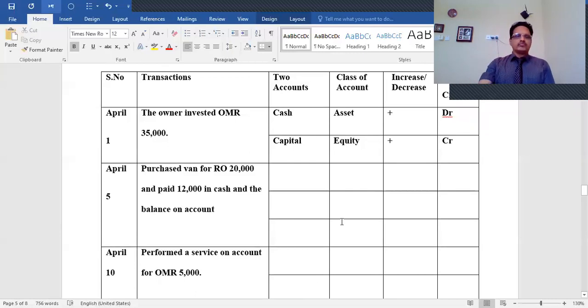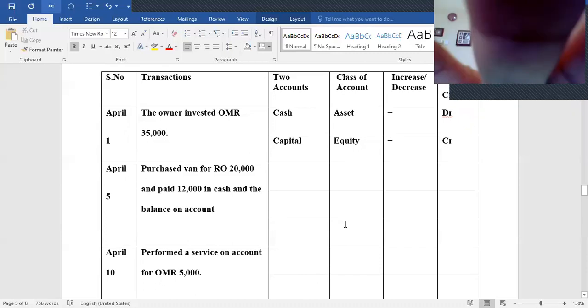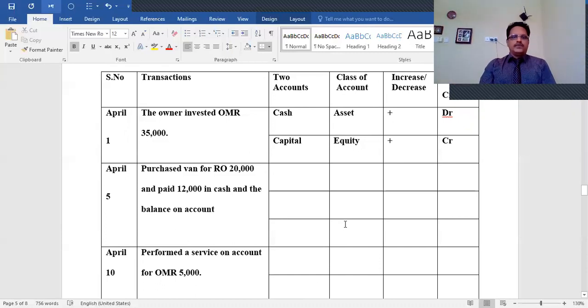So now, purchase the van. You are purchasing a van for 20,000 riyal and paid 12,000 in cash and the balance on account. First remember, when you purchase a van, your asset or van account will be debited. We discussed this in the first session of the rules of debit and credit.